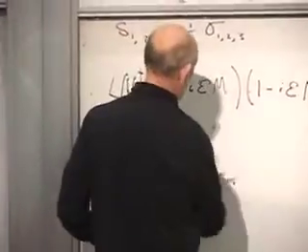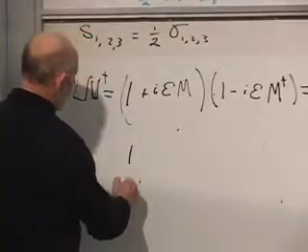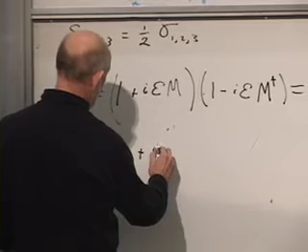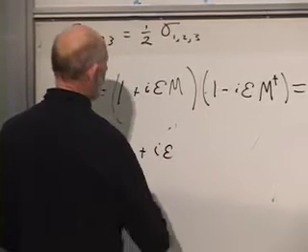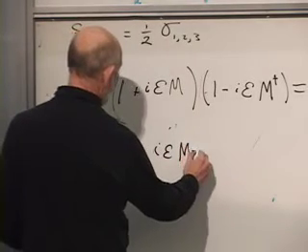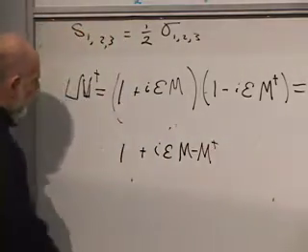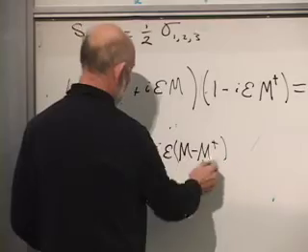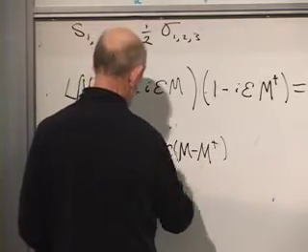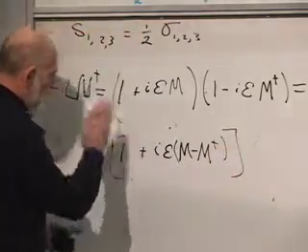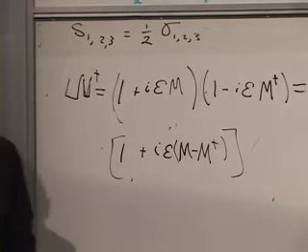Let's just write this in the following way. It's 1 plus I epsilon M minus M dagger, and then order epsilon squared. So let's forget order epsilon squared. This is the determinant of 1 plus a small matrix.